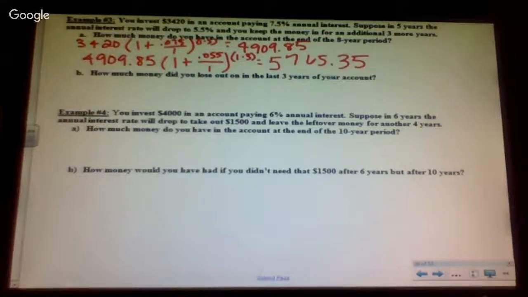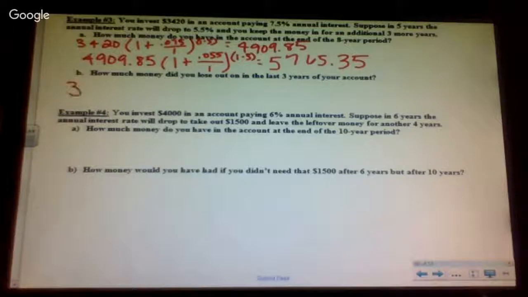Part B says, how much money did you lose out on in the last 3 years of your account? So what is this saying to me? They're saying, what if this never changed? What if we stayed with this original amount the entire time?